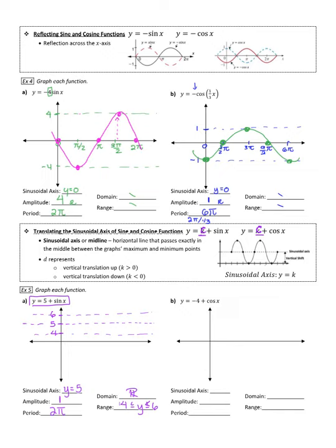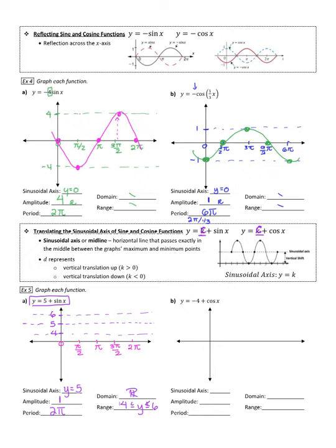Now when we go to graph it or to label the x-axis, make sure you label the x-axis, not that sinusoidal that's up in the sky. We're starting at 0, we're going to end at 2 pi because that's our period. Half of that is pi, half of this is pi over 2, and this is 3 pi over 2.